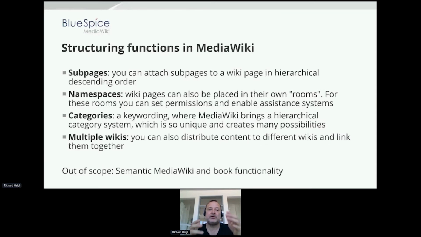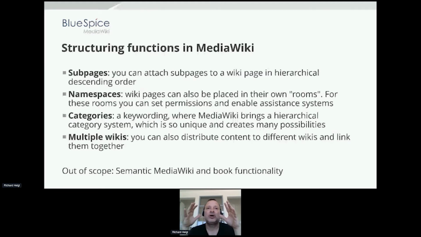So now we have to bring this together. Again, I have different content types and I have structure and functions. What should I do if I start a new wiki, or I'm planning to, or even if I restructure an existing wiki?